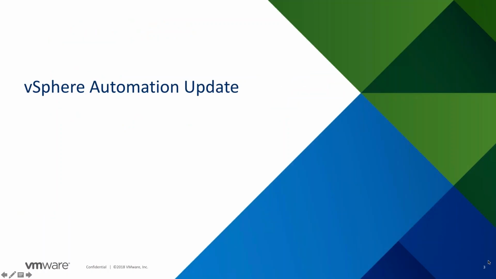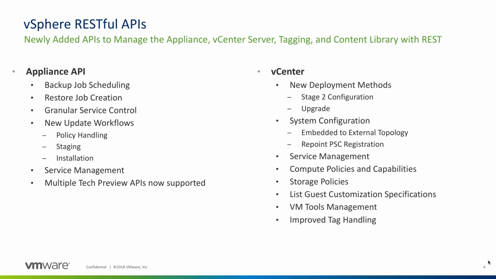Yep. So talking updates, automation-wise to vSphere, because I don't know if you heard, but we kind of had a little release here not too long ago called vSphere 6.7. Kind of built up a lot of things that we released with 6.5.